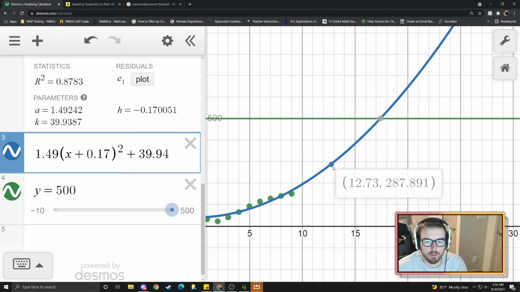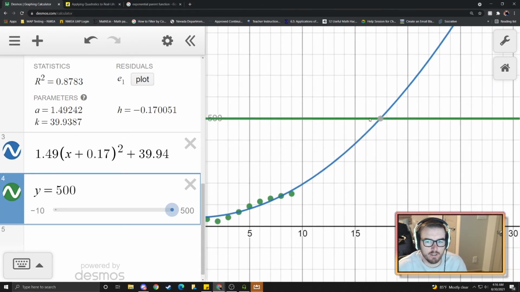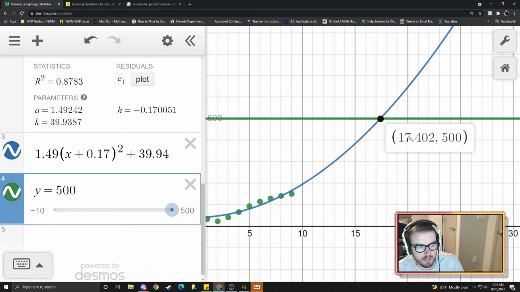So where does our blue graph and our red graph come together? Voila. After 17.4 years. If you want to round that down to 17, if you want to round that up to 18, that's okay. But I'm going to write between 17 and 18 years.